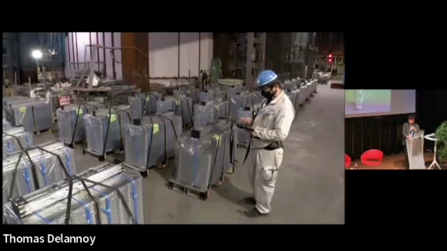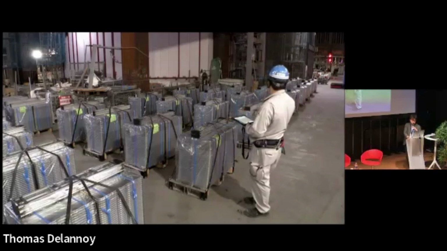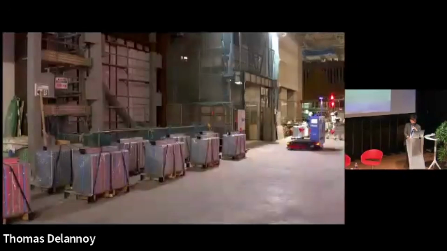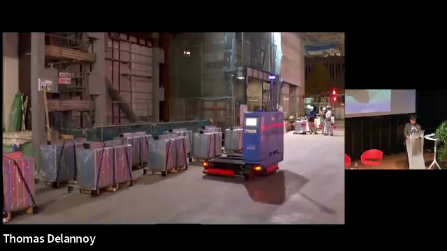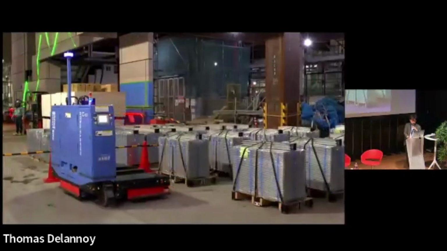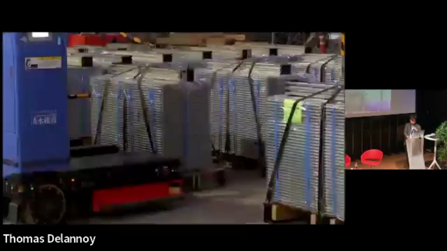This video shows the automated transport at a construction site. The manager is entering operation instructions on the tablet to transport materials on the first floor to the upper floors. The trolley loads the material.